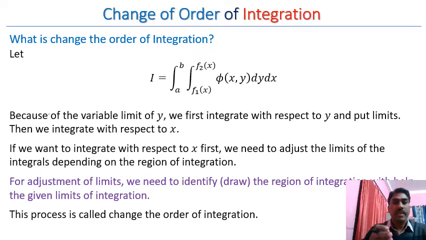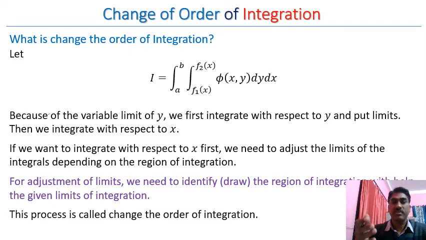The first point is that y has variable limits. Variable limits means the limits of y, f1(x) and f2(x), are functions of x. So as the integral appears, we will integrate first with respect to y, and after the evaluation of y is completed we will have a function of x only in the integrand, then we will integrate this with respect to x.